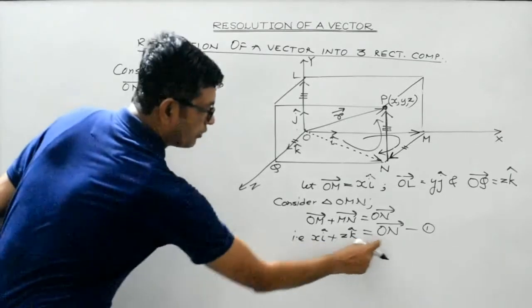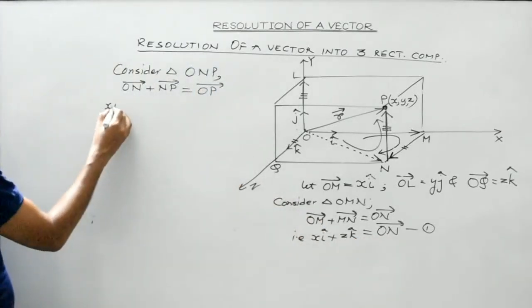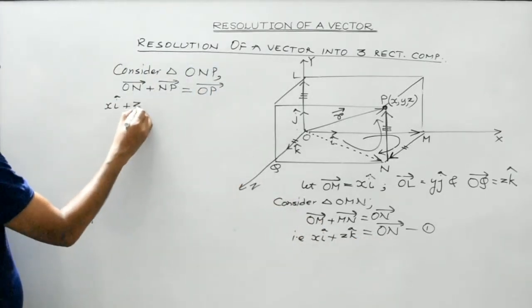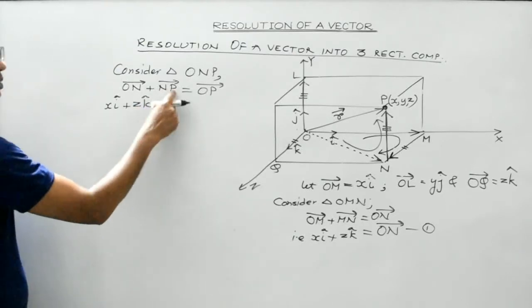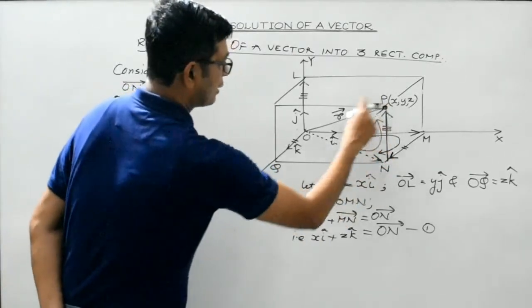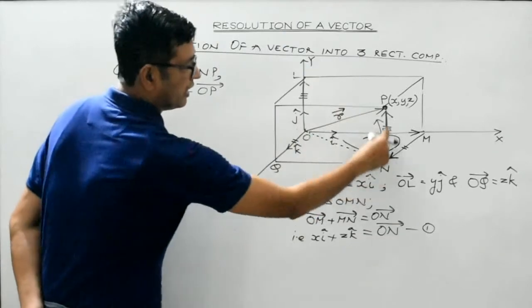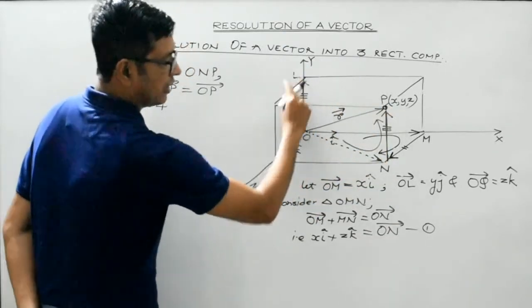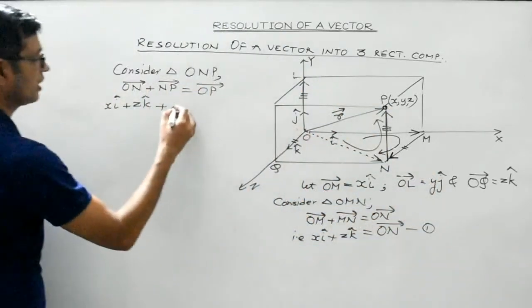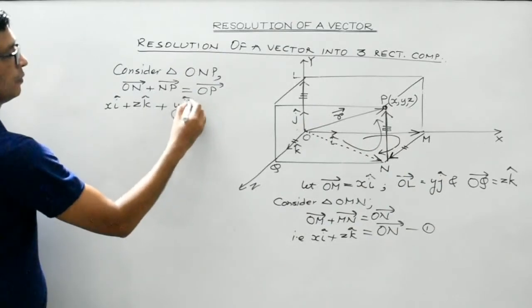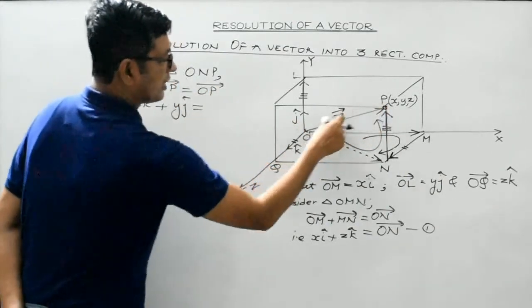ON vector, from equation 1, we can write as x i cap plus z k cap. What about NP vector? NP vector is equal to OL vector, and OL vector is y j cap, equal to OP vector. OP vector is R vector.